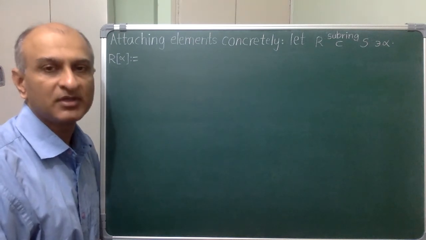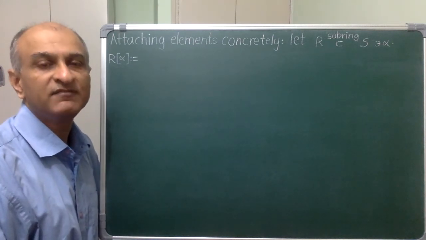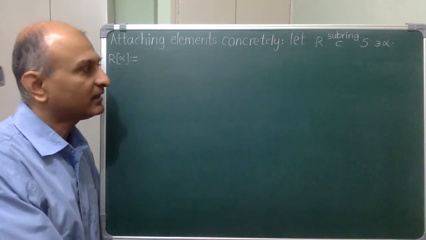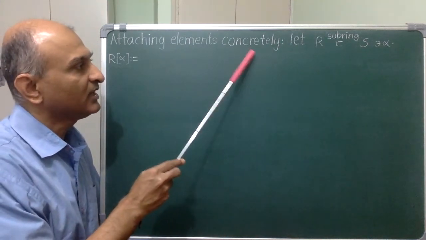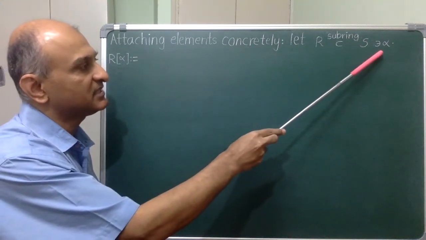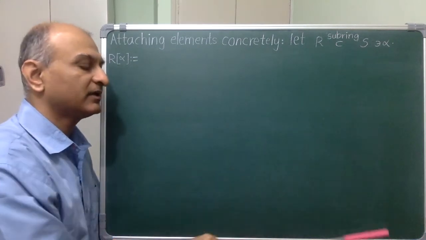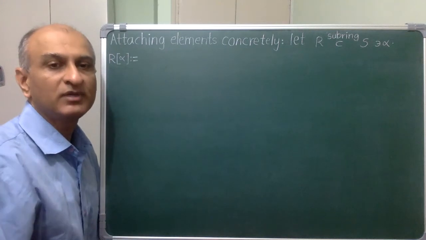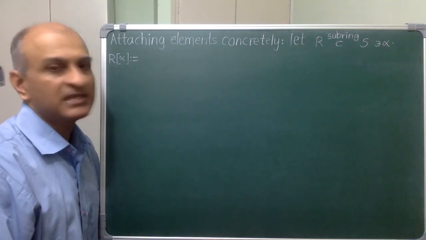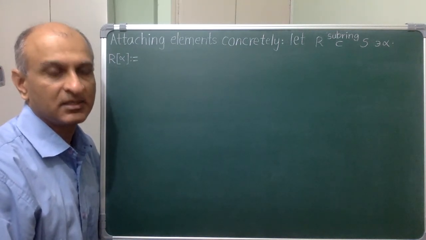But the new terminology is quite useful, especially in field theory. I can attach an element concretely where alpha is an already existing element in some larger ring S. Or I can attach abstractly where I have to create the element alpha satisfying desired conditions. So let's make the definitions carefully, starting with the concrete case.